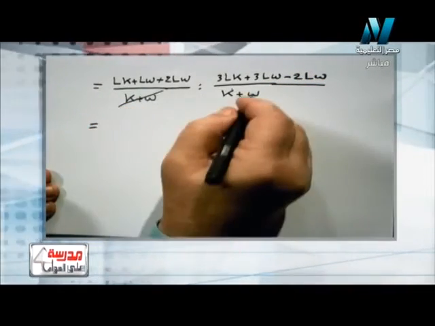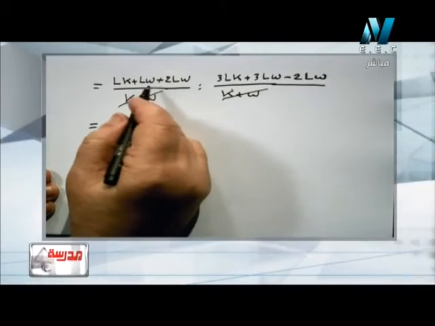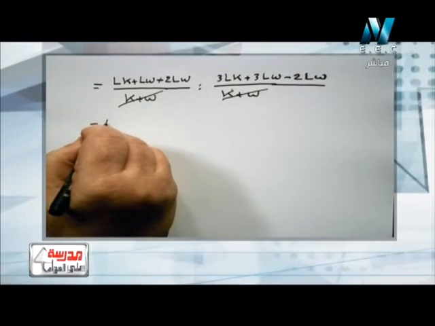Cancel K plus W from the two ratio. This is LK and here LW, so L common factor, and it becomes K plus 3W.